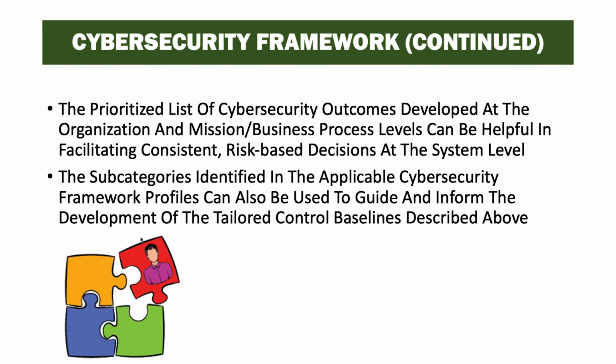So we can build these things at the organizational level, and it makes it easier to implement them at the system level. So once we're done with the prepare step with all the tasks that apply to the organization, we'll go on to developing the RMF for the system level, and then go into implementing the RMF at the system level. So this development of cybersecurity framework profiles or control baselines at the organizational level only helps speed the development of systems at the information system level.